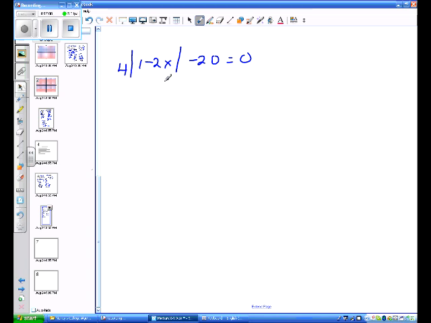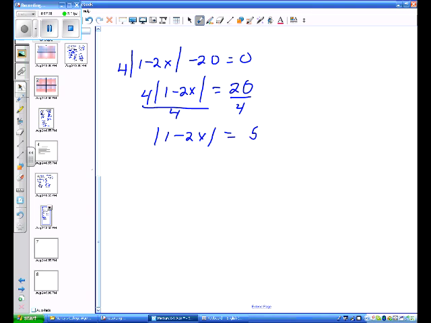We would need to get the x by itself. So we first of all solve for the absolute value. So that means we're going to add 20 to both sides. Now we have a coefficient, so we'll divide both sides by 4. And that gives us the absolute value of 1 minus 2x equals 5. Now we're ready to set it up into two parts.